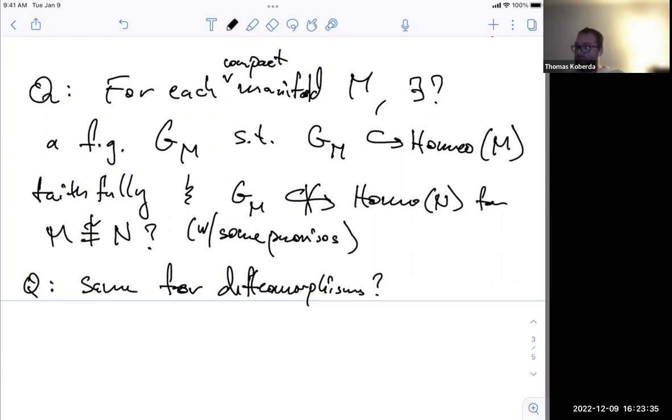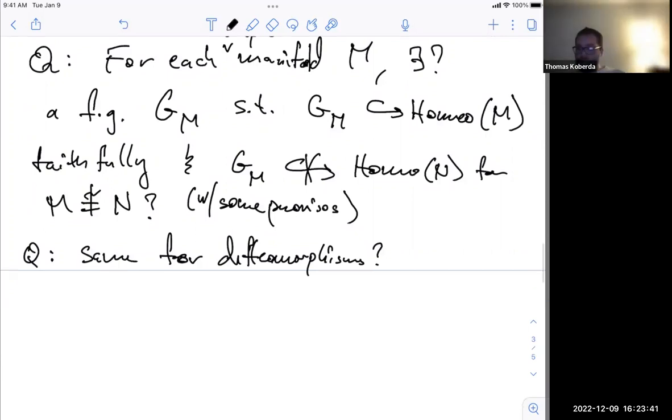And then one can ask the same question for diffeomorphisms. One thing that I spent some time in my life thinking about was distinguishing even between different groups of different regularities acting on the interval and on the circle.